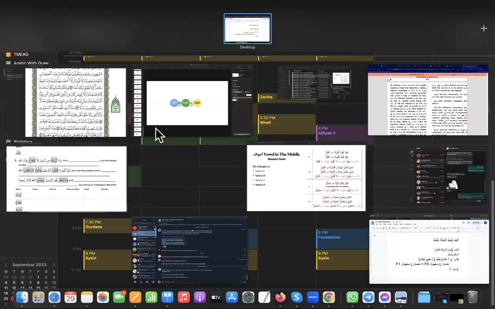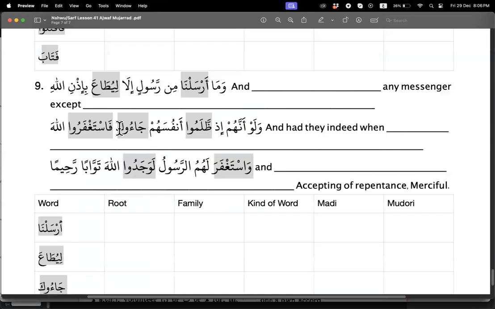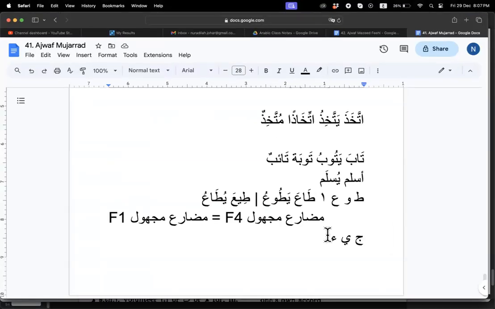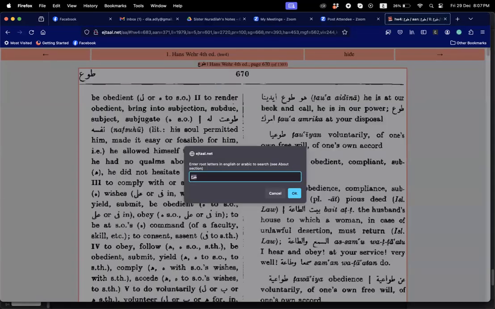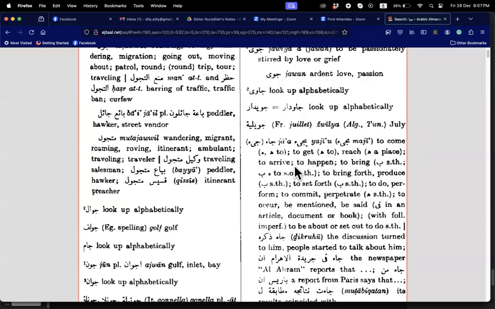What family? Yaji'u. Yes, so this is family one. Ja'a, yaji'u. Any idea what the masdar is? The masdar is maji'un.